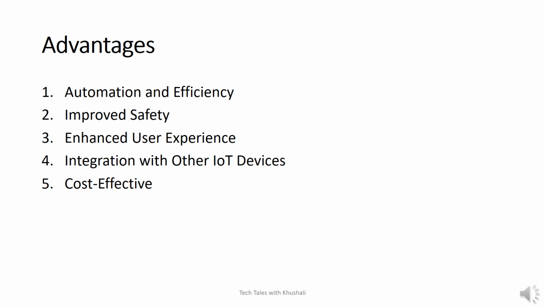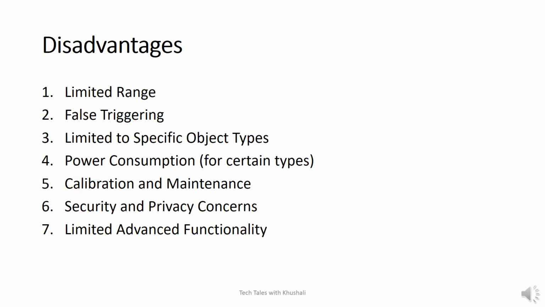It even allows remote monitoring of environments, such as tracking inventory in a warehouse or detecting occupancy in a building. And the fifth advantage is cost effectiveness. It is relatively inexpensive, which makes them a cost-effective option for large-scale IoT implementation.